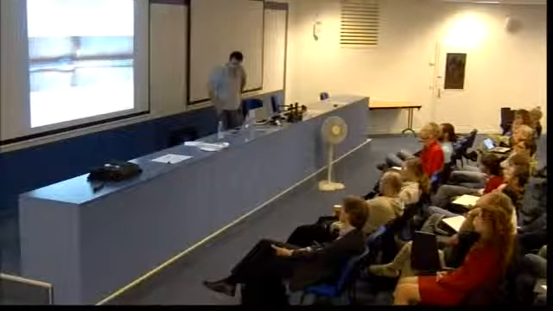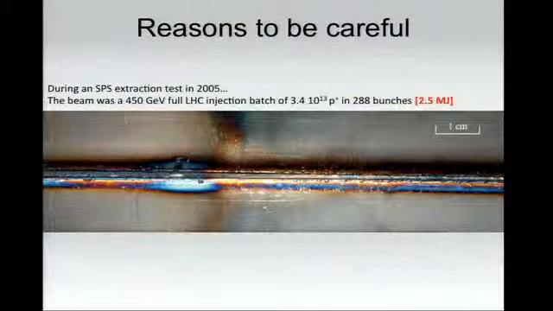Reasons to be careful. The total energy in the beam at top energy is 140 megajoules. Here we're talking about 2. But during an SPS extraction test in 2005, we took 2.5 megajoules into a magnet downstream of the extraction point in the SPS, during a rather overzealous override of some interlocks, and sliced a meter-long slit down the vacuum pipe.